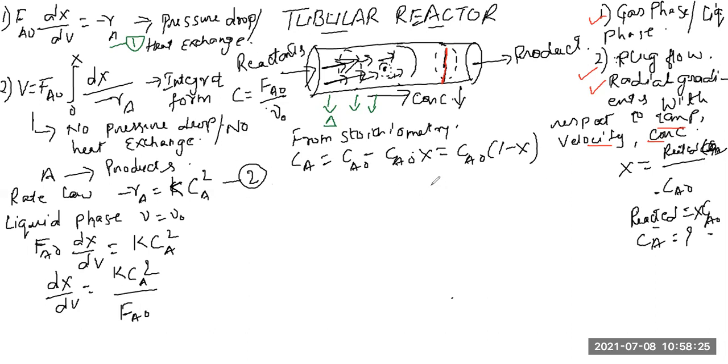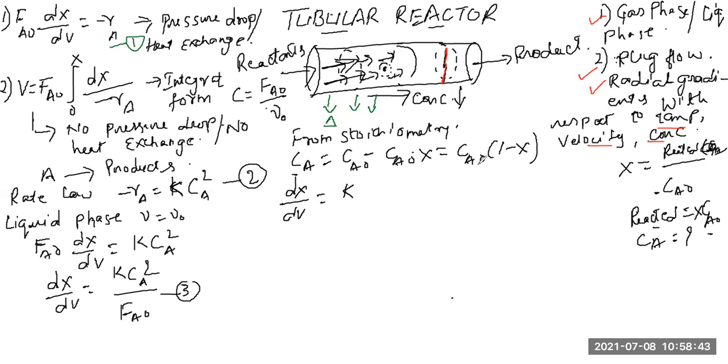Now what we will do is we will substitute Ca in this equation, in equation third, to further solve this equation, right? So what we will get is dx upon dv is equal to Ca.